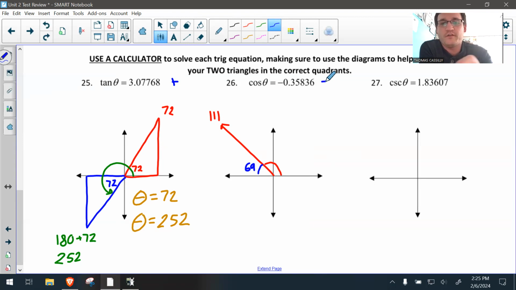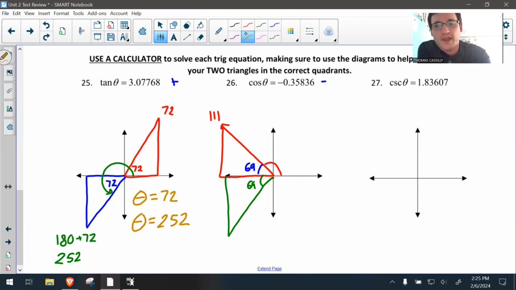All right, but where else is cosine negative? We have two triangles that we have to make. All right, so we made the first one. Cosine is also negative in the third quadrant. Right, so this reference angle down here is also 69 degrees.